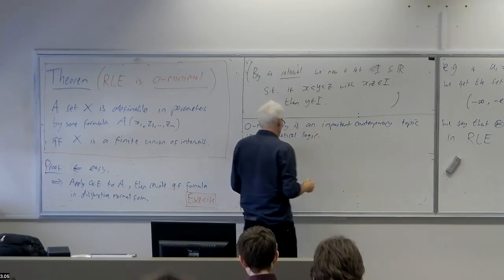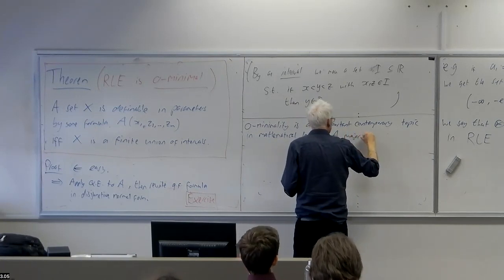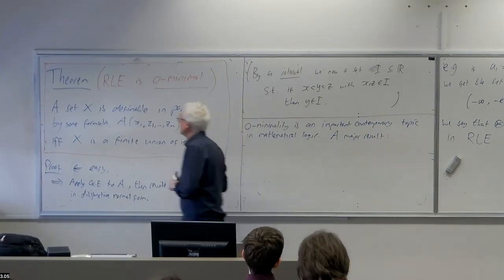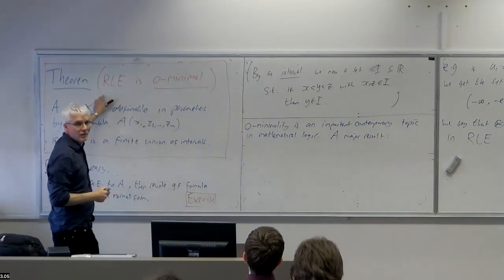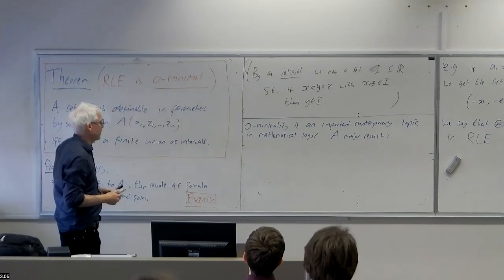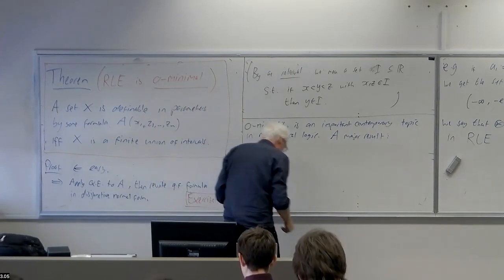And a really important result is the following strong generalization of this theorem here, the o-minimality of rational linear expressions. So there's something called Wilkie's theorem.